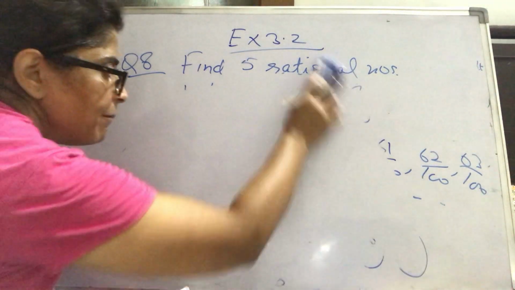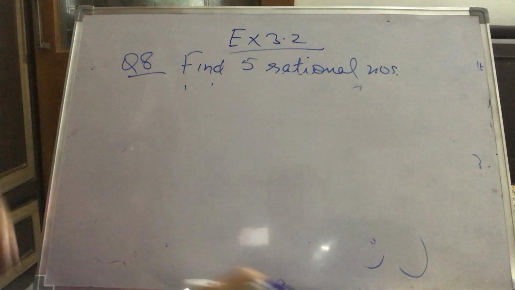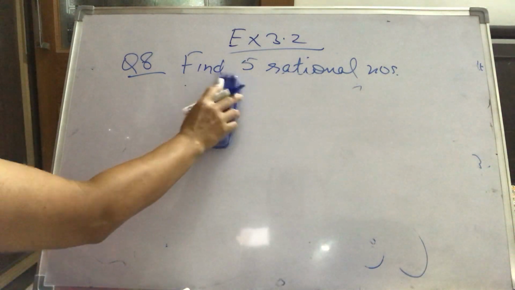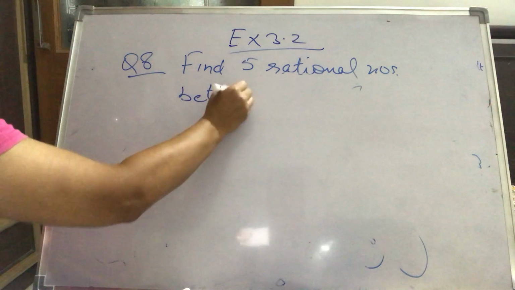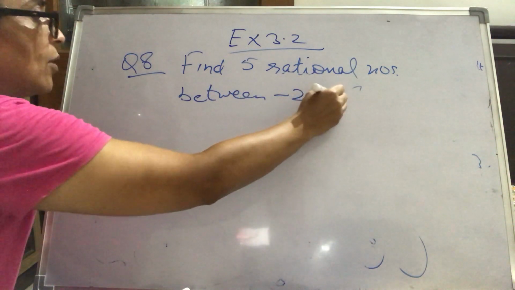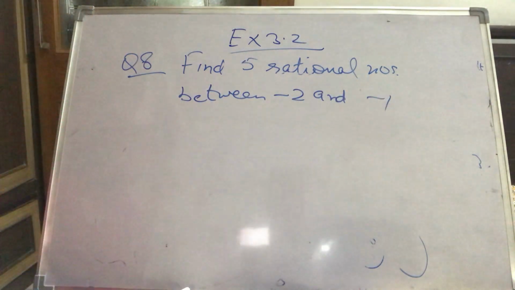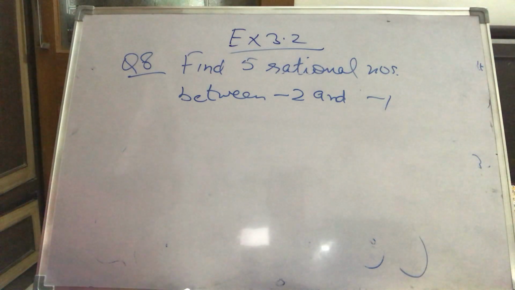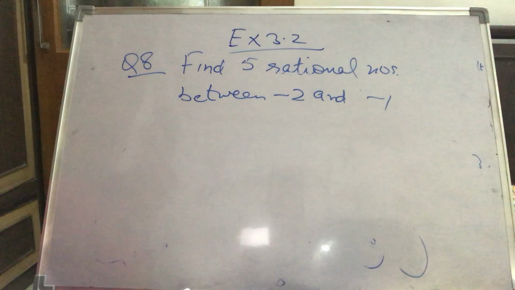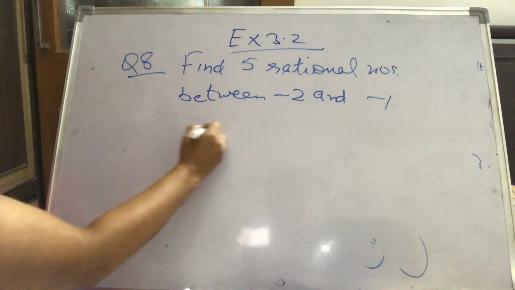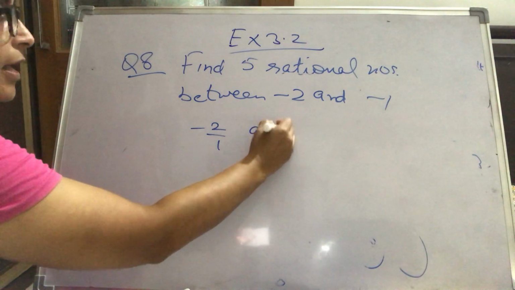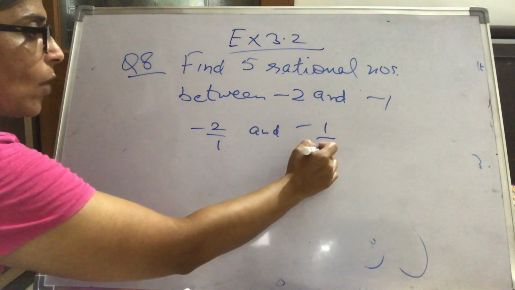Now, one more example. Suppose the question is: find 5 rational numbers between -2 and -1. Here we are not having any denominator. So the first step is, we will write them as rational numbers. Rational form is P upon Q. That is -2 by 1 and -1 by 1.